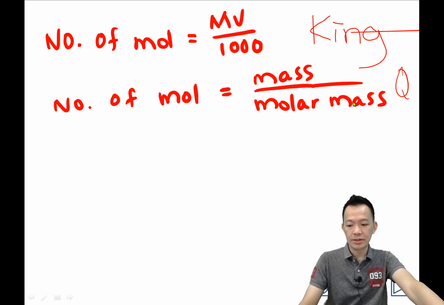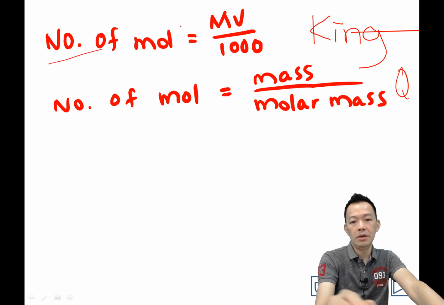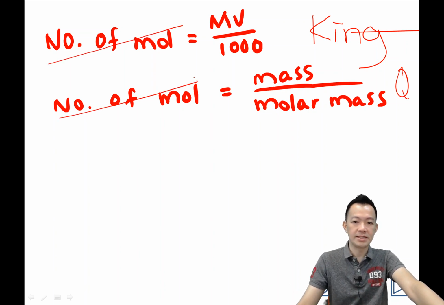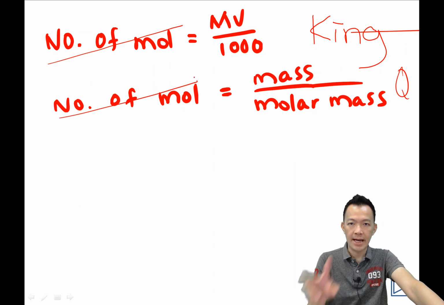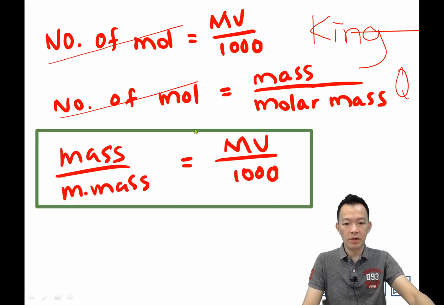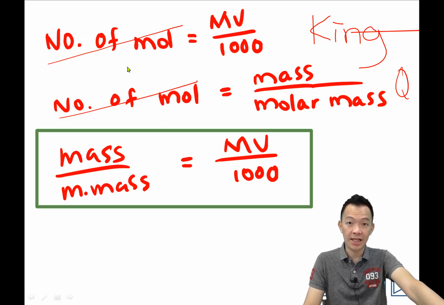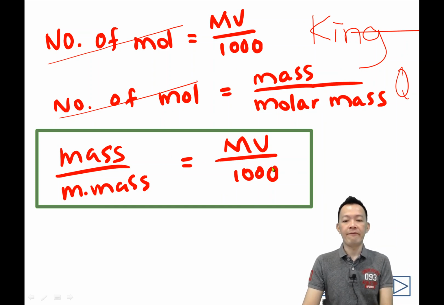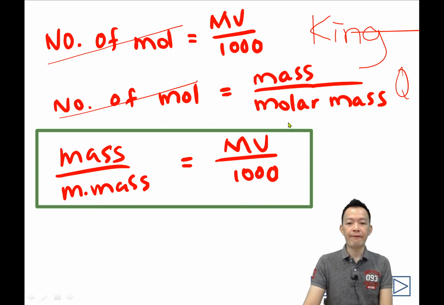So now number of mole equals number of mole, I cancel. Or in another way, I join these two formulas together to become a new formula: mass per molar mass equals MV per thousand. It is a new formula.